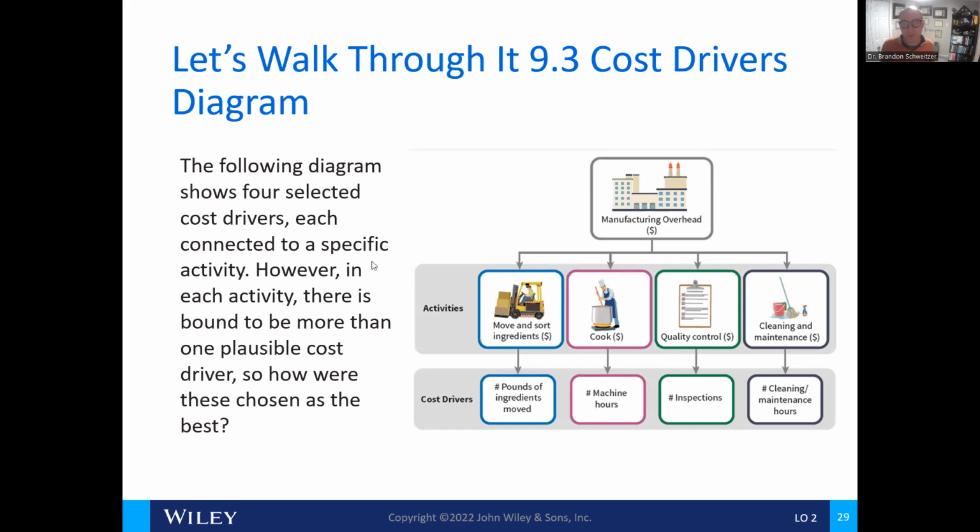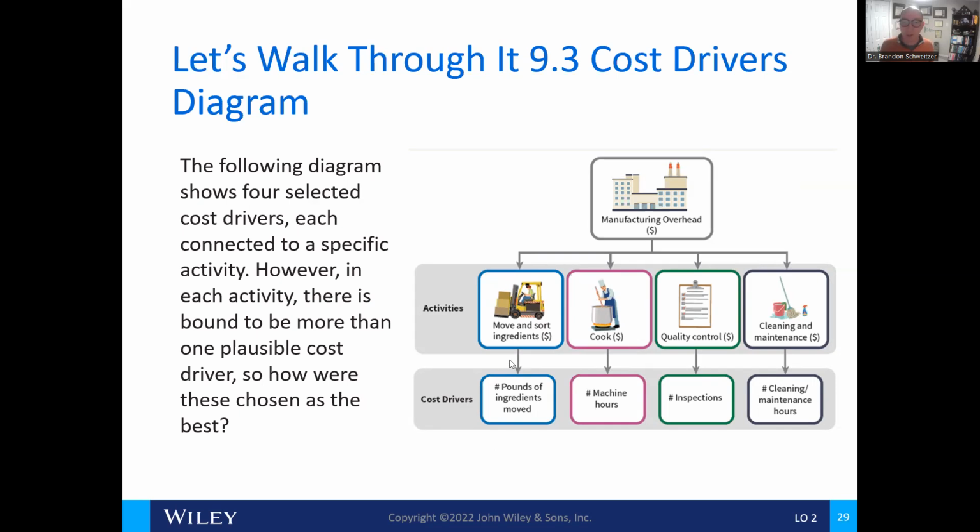Let's take a look at this through a diagram. Here, of course, we have the manufacturing overhead, which is being applied through activities: moving and sorting ingredients, cooking, quality control, cleaning and maintenance. These activities have associated cost drivers.